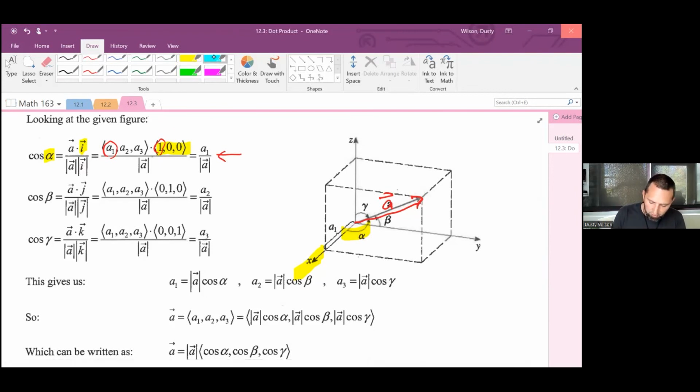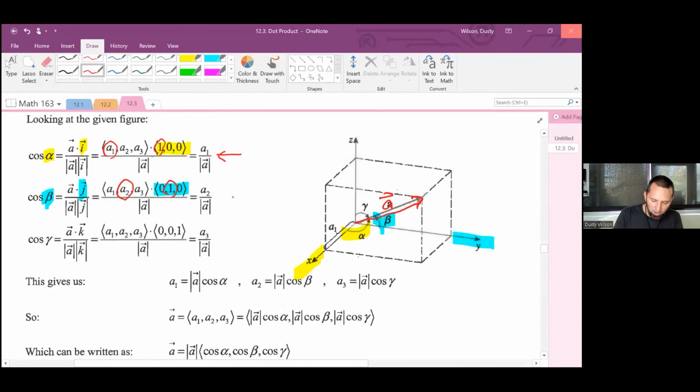And then if we want to find the beta angle, that's going to be from the positive y-axis up to the vector. Here's our beta. To find that angle, we can dot A with the j vector, the unit vector along the y-axis. Notice there's our j vector, and it's 0 everywhere except for the middle component.